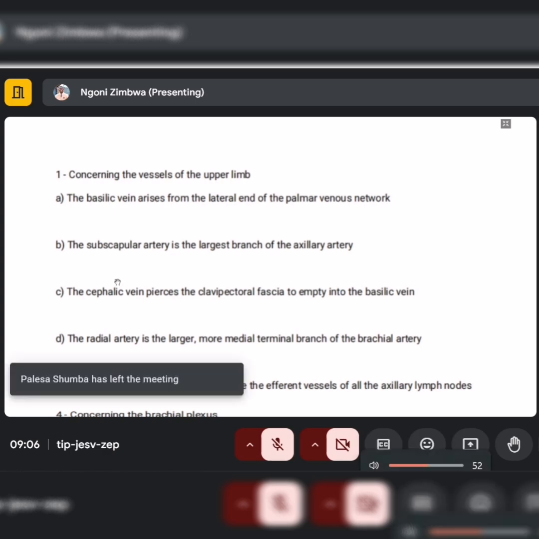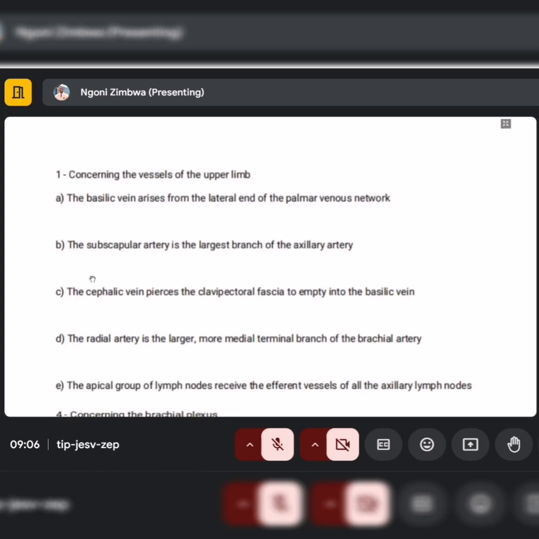Good. B, the subscapular artery is the largest branch of the axillary artery. That is true. Remember, the axillary artery is divided into three parts by the pectoralis minor muscle. The first part gives one branch, the superior thoracic artery.